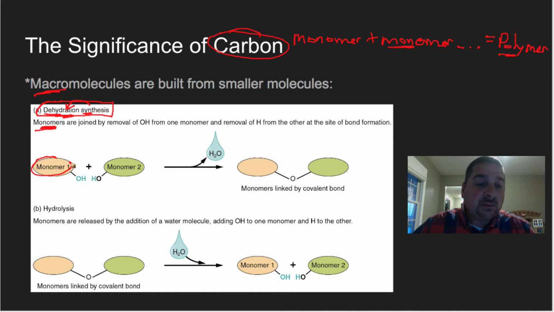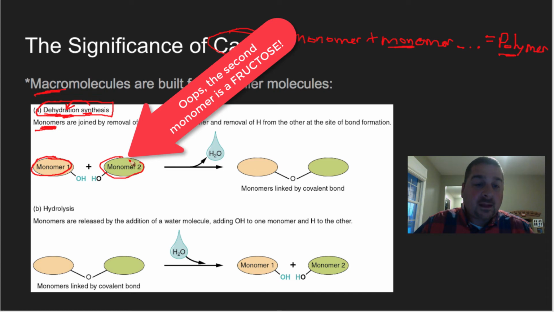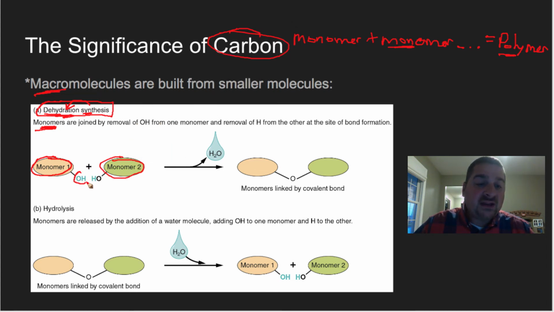But we take the monomers. For example, table sugar is actually a disaccharide. So if you take a glucose and a glucose, you have two monomers. How do we join these together? We take the OH group, which is an oxygen and a hydrogen, and we take this hydrogen off of that oxygen. So there was a bond there, and there's a bond here.